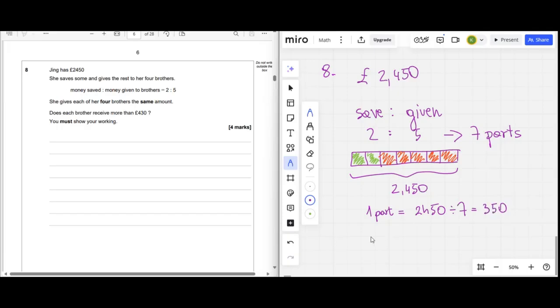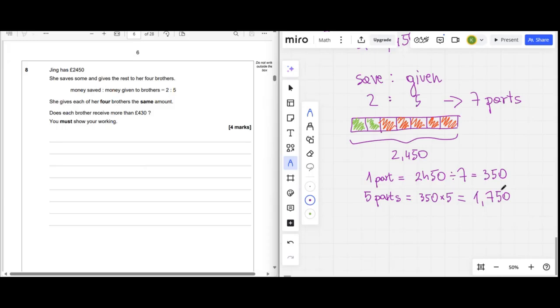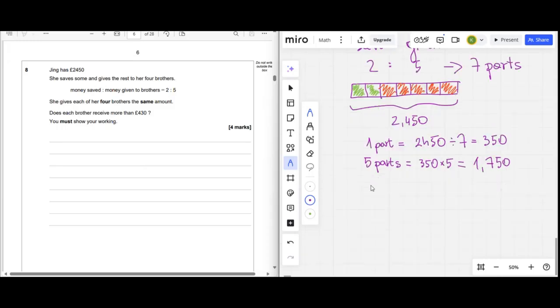And this is that 1 part. So 5 parts given is that 350 times 5. So 1,750. So that's the money she gave to her brothers.